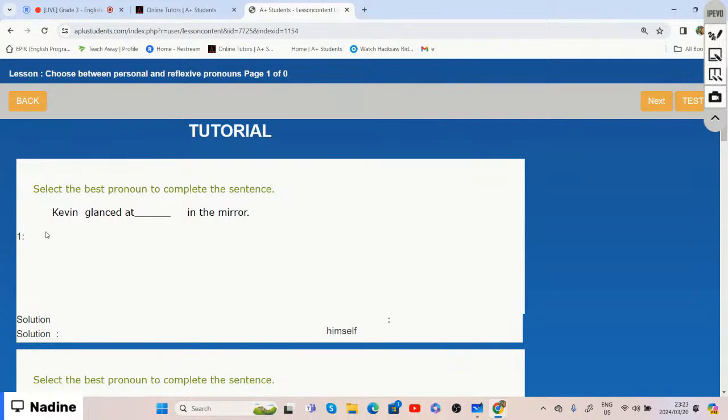So Kevin, who is a boy, he glanced at in the mirror. If Kevin is looking at Kevin, right, then what is the reflexive pronoun that we are going to write down here that ends in self, that refers back to Kevin, who is a boy?